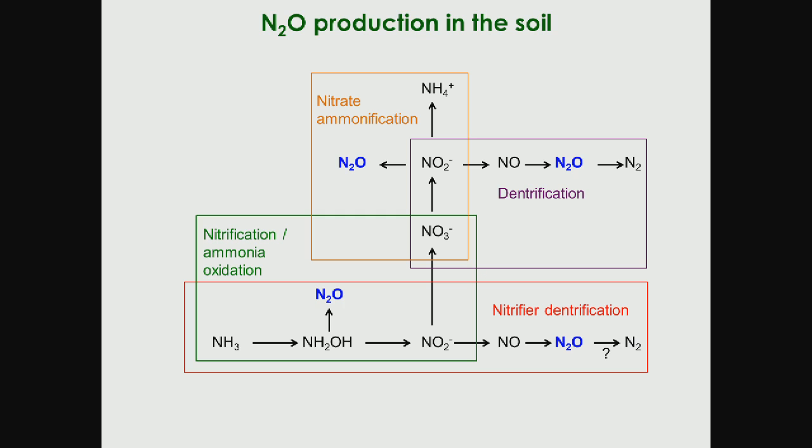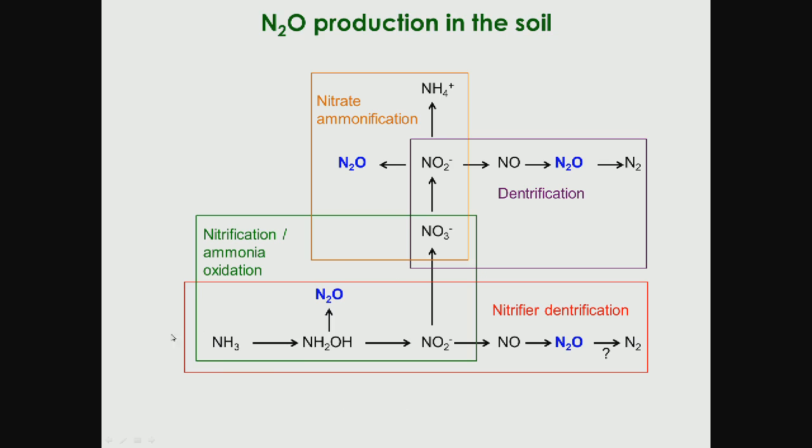The other activity that's also driven by anaerobic conditions is nitrate ammonification. So this is the population of bacteria that can drive the generation of ammonium from nitrate, and nitrous oxide is a byproduct of this reaction. And then we have two other reactions that occur in aerobic conditions. The first one here is nitrification, or ammonia oxidation, as it's also known, which is a conversion of ammonia into nitrite and nitrate, and nitrous oxide is again a byproduct of this reaction.